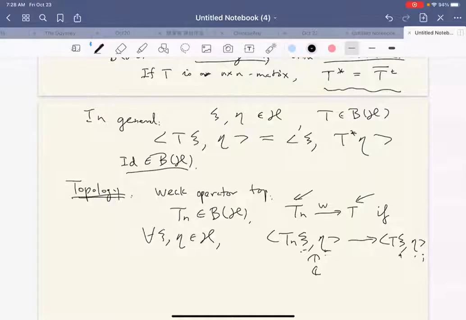This is like the preparation of a state, and then your result would converge in this sense. So hopefully this topology seems quite natural.